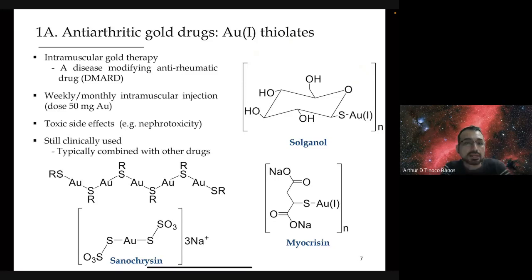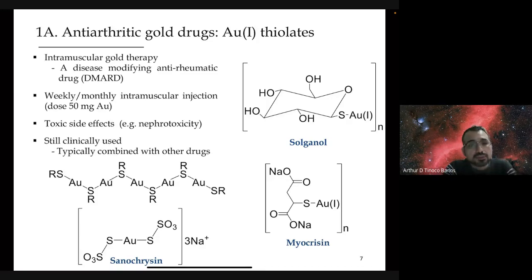All right, so initially, some of the anti-arthritic gold drugs were of the form of gold 1 thiolates. They provided an intramuscular gold therapy. They fell under the category of a disease-modifying anti-rheumatic drug, DMARD.